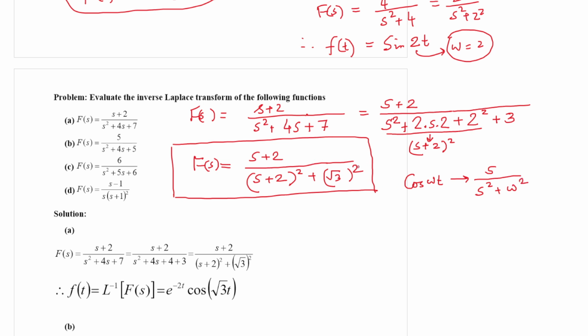Now if you compare these two, in the numerator we have s, here also we have s, in the denominator we have s square, we also have s square. Here both are shifted by 2. In the denominator we have root 3 whole square, so here it is omega square, that means root 3 must be omega. So f(t) must be cos(root 3 t).